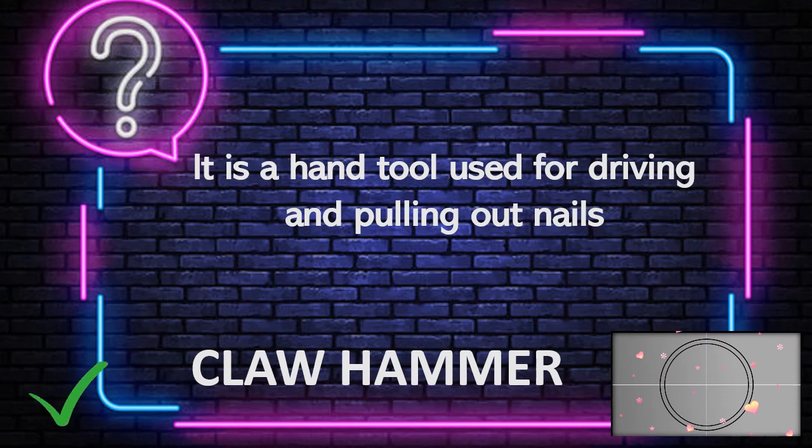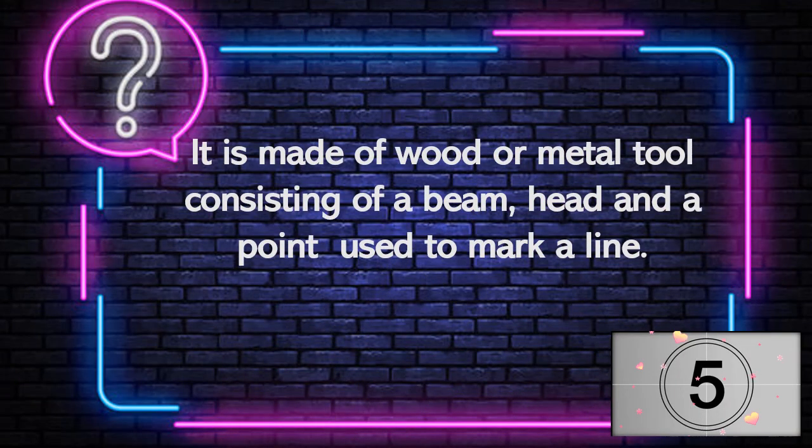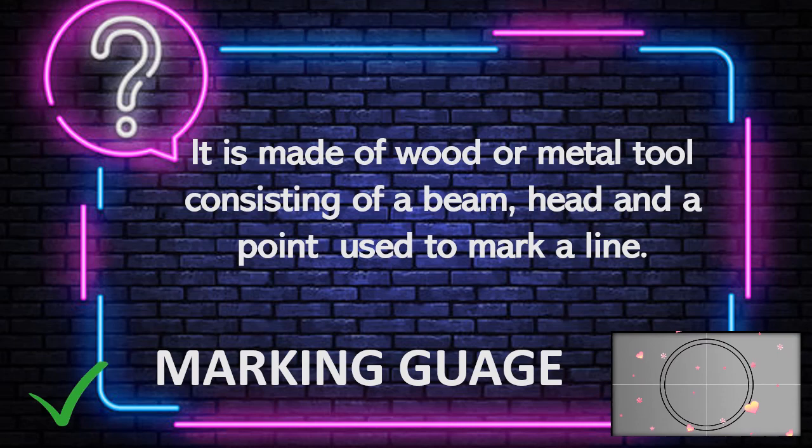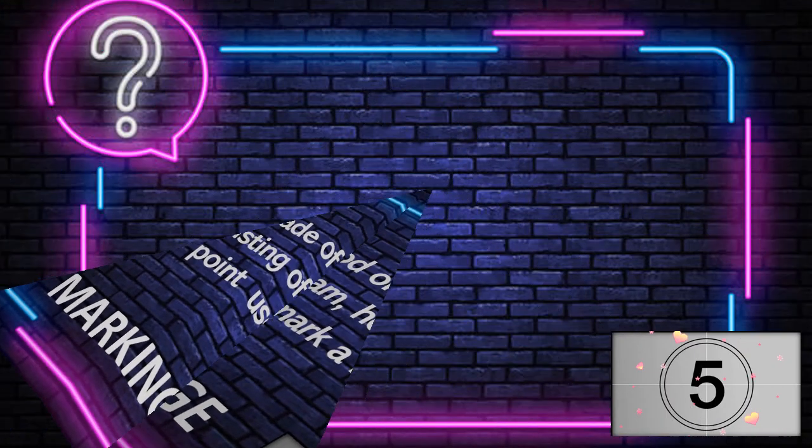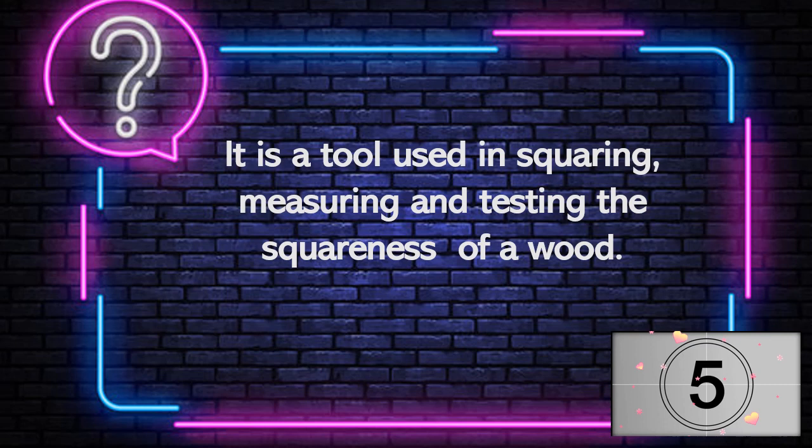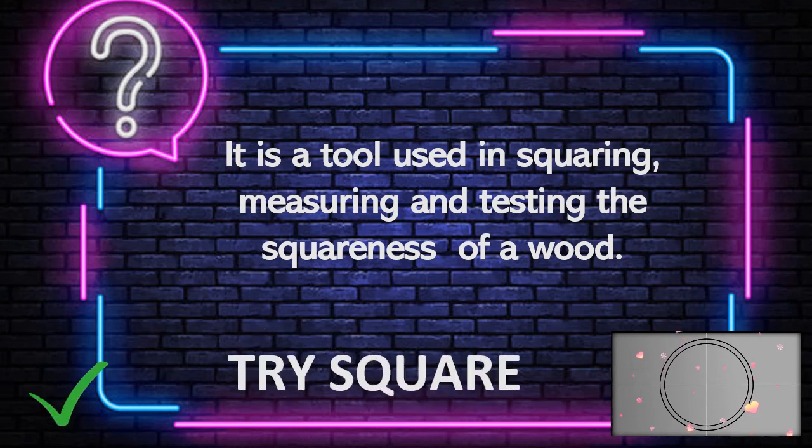Very good! It is made of wood or metal tool consisting of beam, head, and a point used to mark a line. That is correct! It is a tool used in squaring, measuring, and testing the squareness of a wood. Excellent!